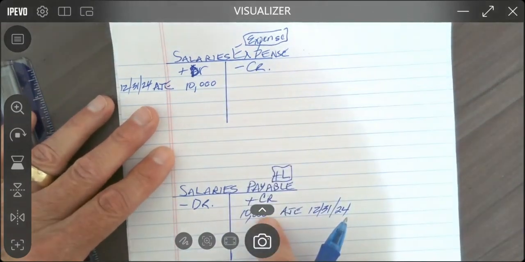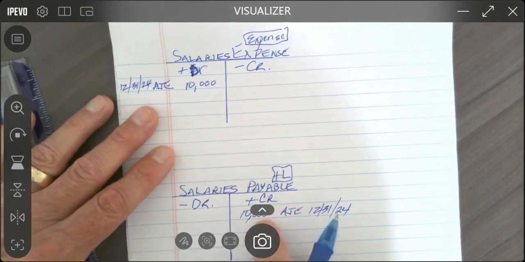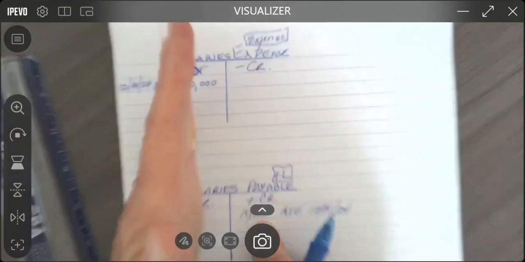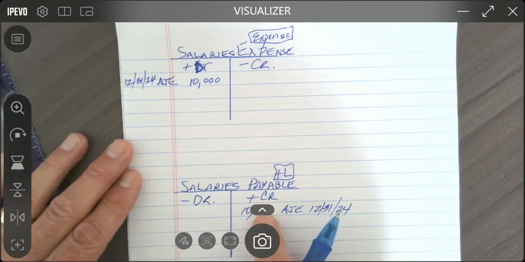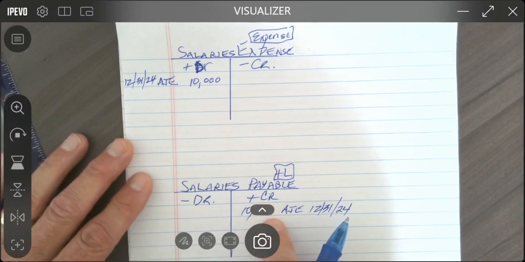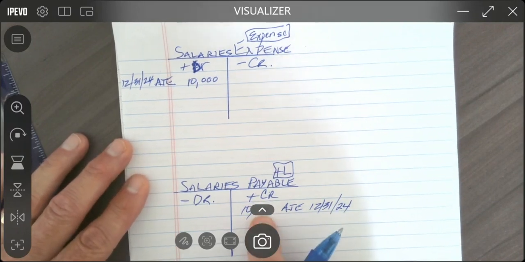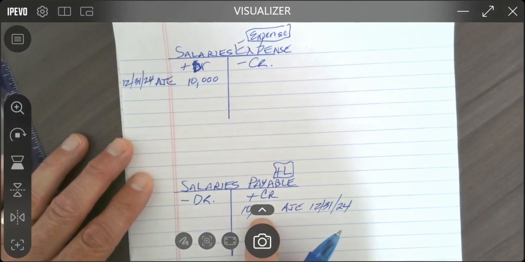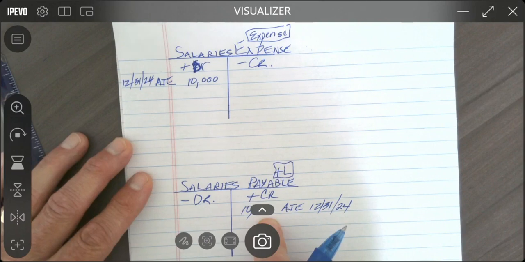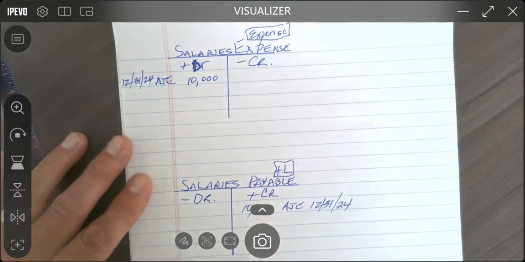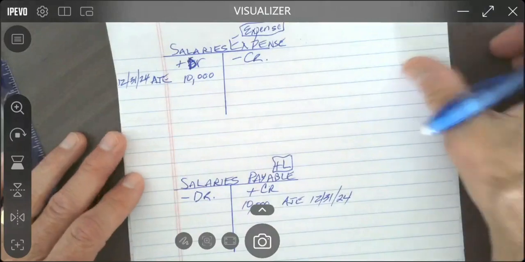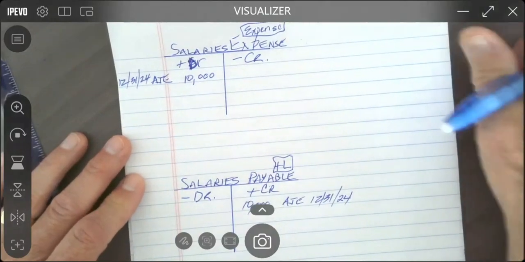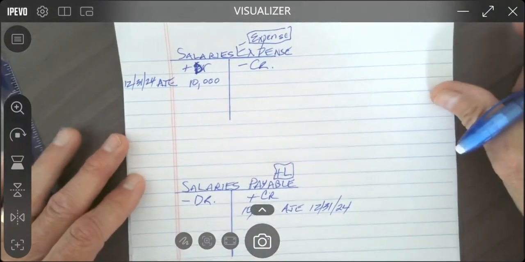And the balance sheet liabilities will reflect the fact that at that very point, 12/31/24, the end of the fiscal year on December 31, 2024, among the things we owe is we owe our employees $10,000 that we'll pay them on Friday. And we are good to go. We'll finish all our other adjusting journal entries, and we will be done, and we will prepare the financial statements.